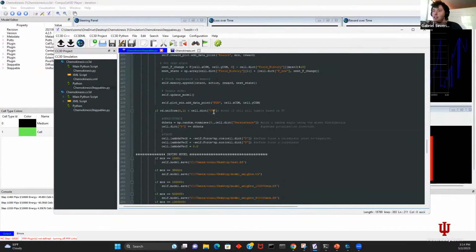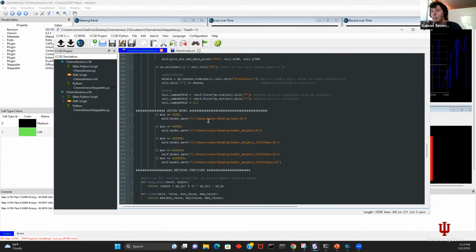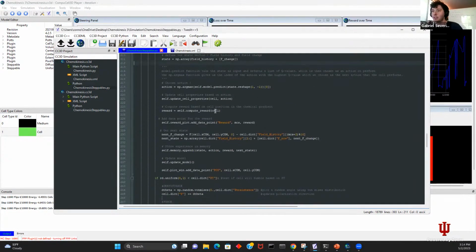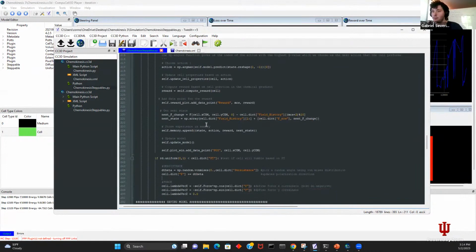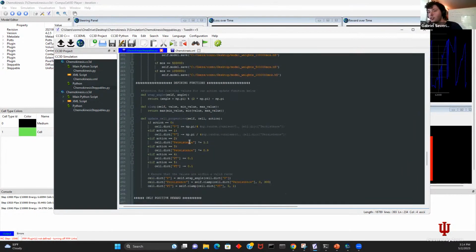We update our cell properties, so basically the cell makes a decision. We then evaluate its reward, we add a data point, and we add some sort of memory for training purposes. This isn't the cell's memory; it's more for batch training. Bad wording there. And then we update the model, which I'll show you really quick.